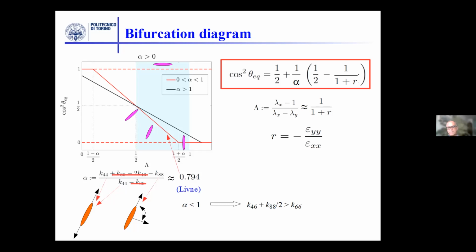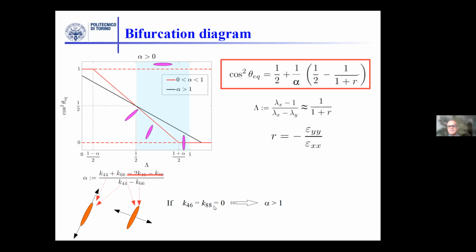This is too technical. But K88, the response to shear, is important. You can also say that K88, the parameter related to the response to shear, has to be more or less 1/5 of the response to pulling along the stress fiber, and you get a very easy fitting.